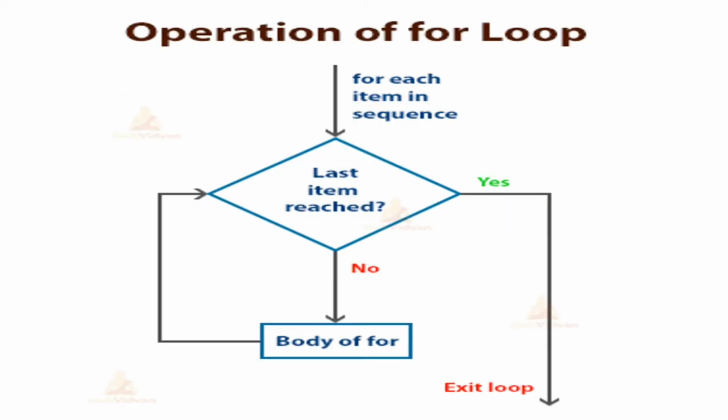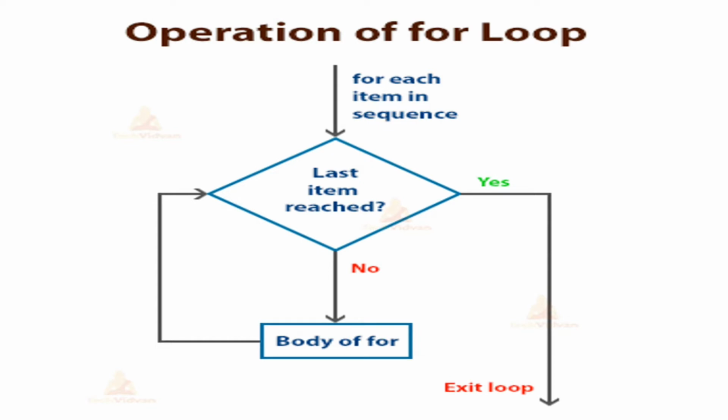Here you are seeing the flow chart of a for loop. For each item in the sequence, it will test a condition. If the condition is within the range, then the body of the for loop will execute, and if the limit is reached, then it will exit the loop.